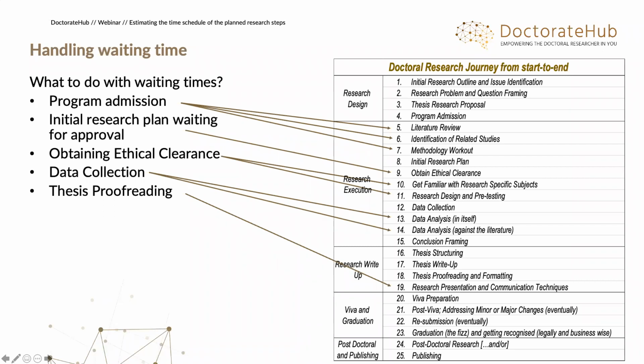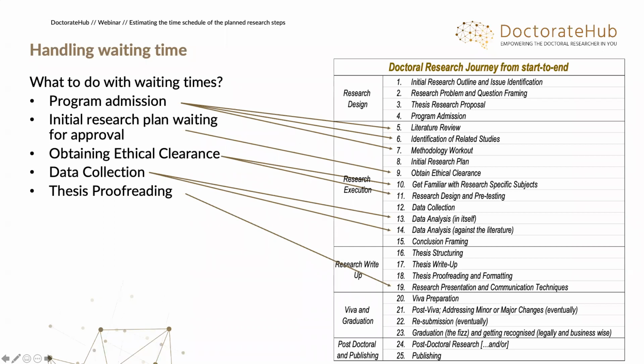Another dead time that comes in might be when you schedule some research to be conducted within a focus group or within, let's say, a summer school. Those things can only take place at certain points in time. So again, this is a point in time where you might end up losing time.